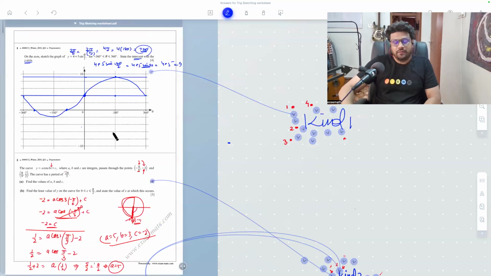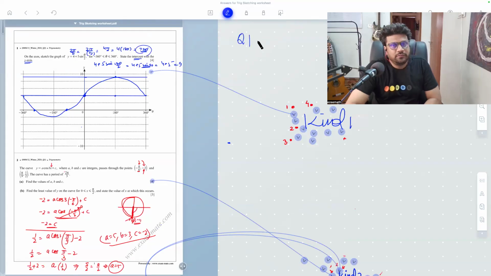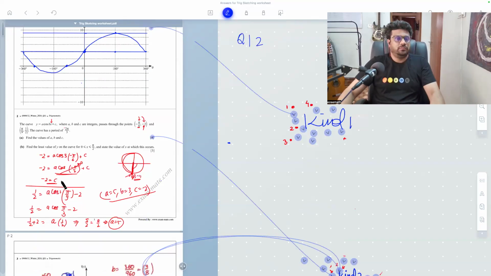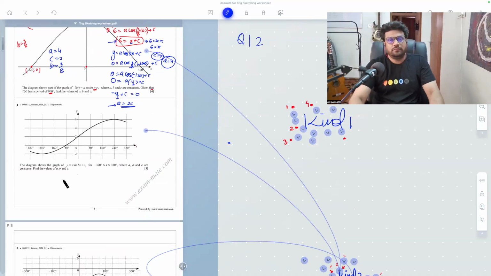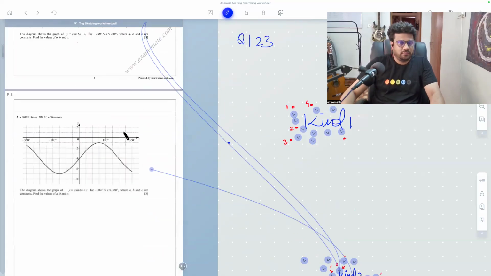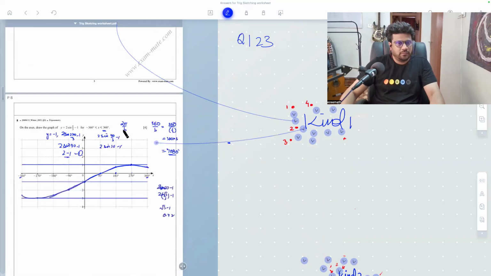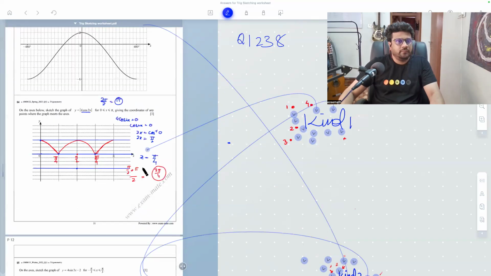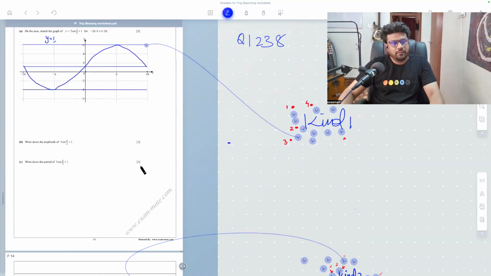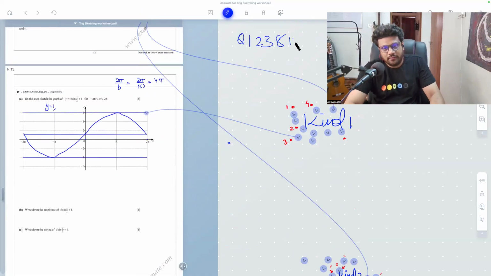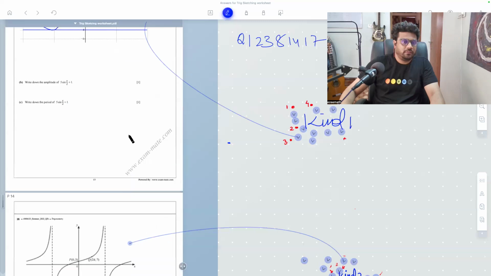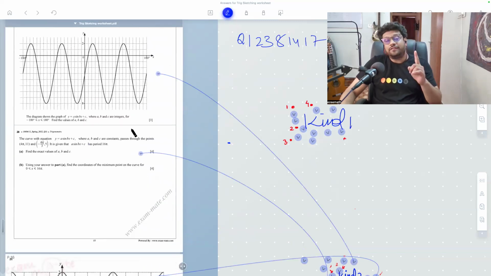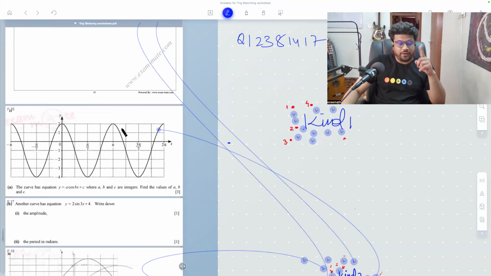I have done question number 1, 2, 3, 8, 14, 17. Tan curves, by the way, you don't want to do here. We are going to address it later.